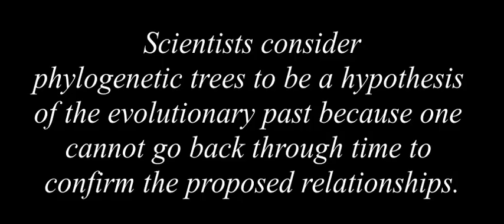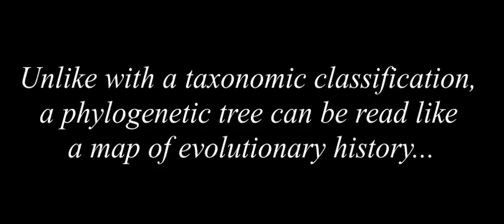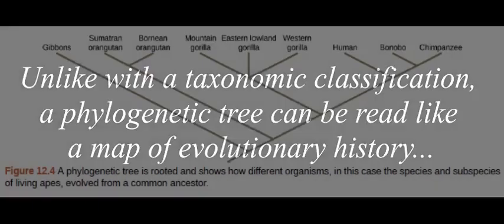Scientists consider phylogenetic trees to be a hypothesis of the evolutionary past because one cannot go back through time to confirm the proposed relationships. Unlike with a taxonomic classification, a phylogenetic tree can be read like a map of evolutionary history, as shown in Figure 12.4.